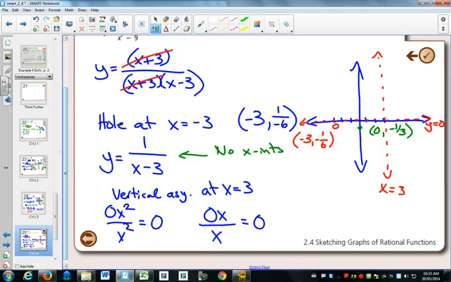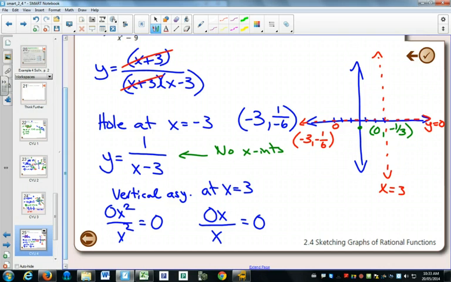Now, as far as points go, we actually have one point and the hole to the left of our vertical asymptote x equals 3, but we have no points to the right of our vertical asymptote x equals 3. So let's plug in a value.